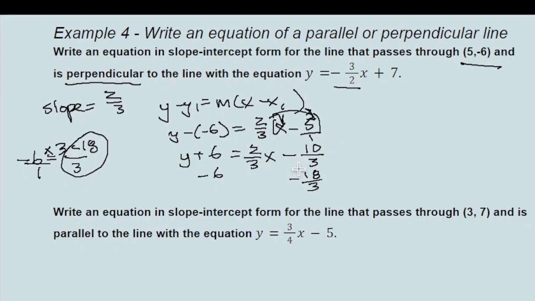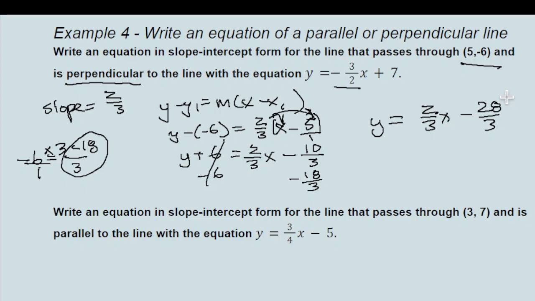So -10 and -18 make -28. My 6's cancel. So we have 2/3 x minus 28/3. That is exactly -9 1/3. But you can leave it as an improper fraction and nobody will yell at you.